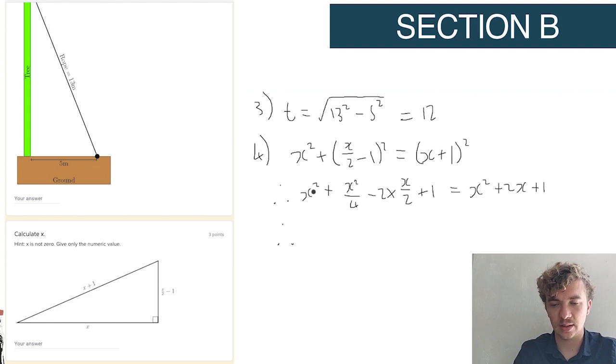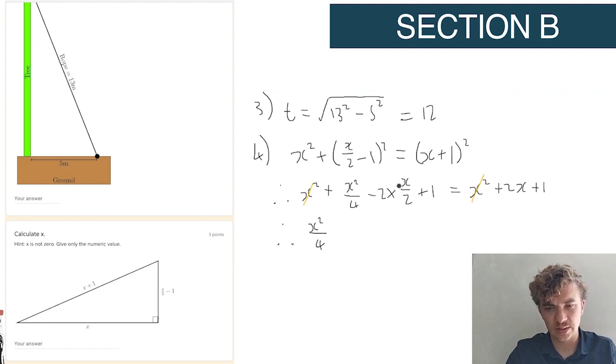Okay, so now you can see that we have an x squared on the left hand side and an x squared on the right hand side. We can cancel them out, and then we are left with x squared over 4.